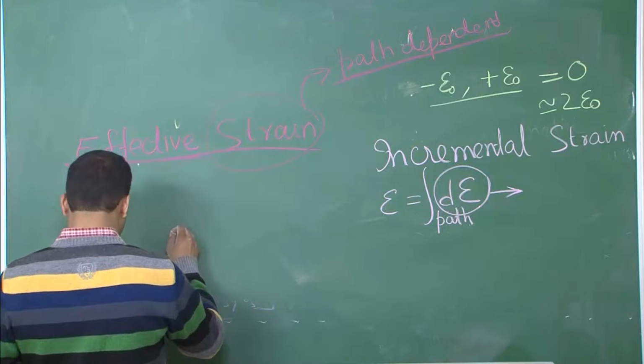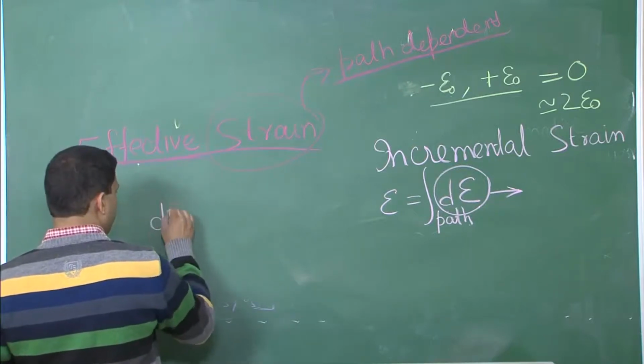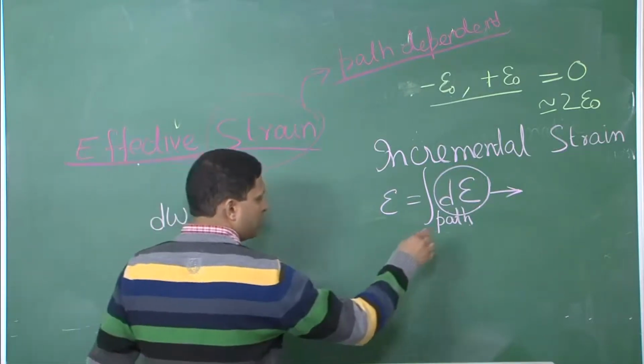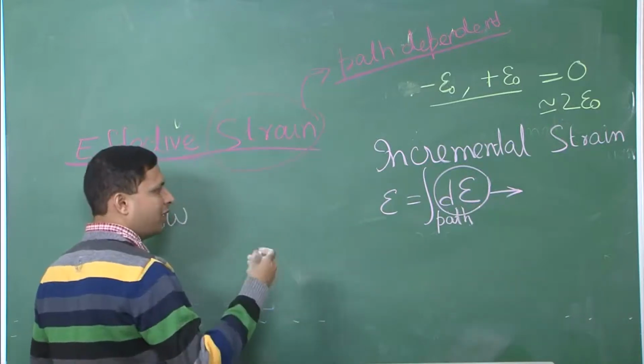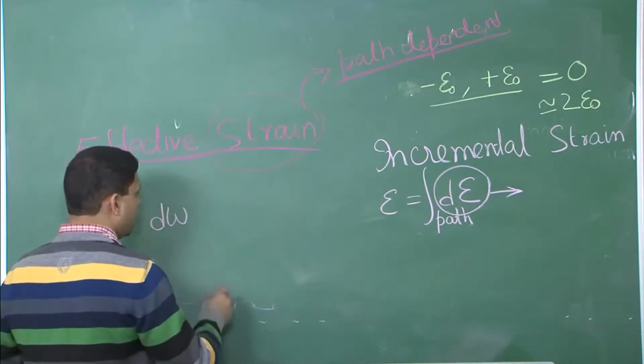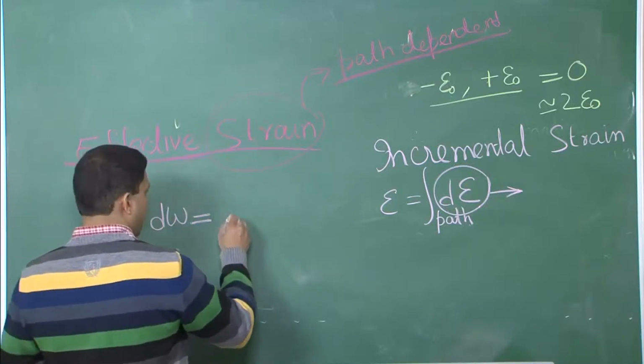Now this incremental strain has to be defined. We already know what incremental strain is, but in terms of effective strain we need to define it, and the effective strain is defined as such.